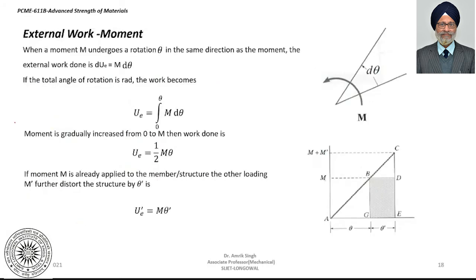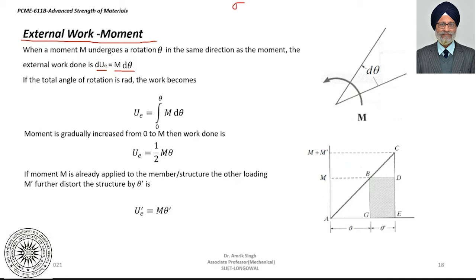Suppose a moment is there. External work done in the case of the moment: when a moment M undergoes a rotation theta in the same direction as the moment, the external work done is the strain energy, M into d theta.